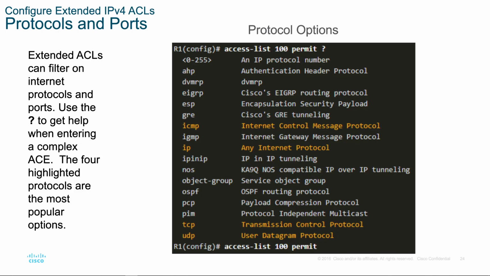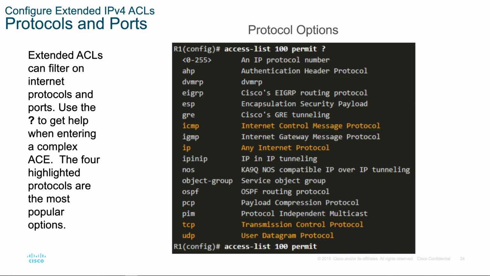Okay, so if we were doing a standard address, this is where we would put in the IP source. Okay, but because we're extended, it's now asking for the protocol that we're wishing to take action against. That being IP, TCP, UDP, DNS, whatever protocol there is.